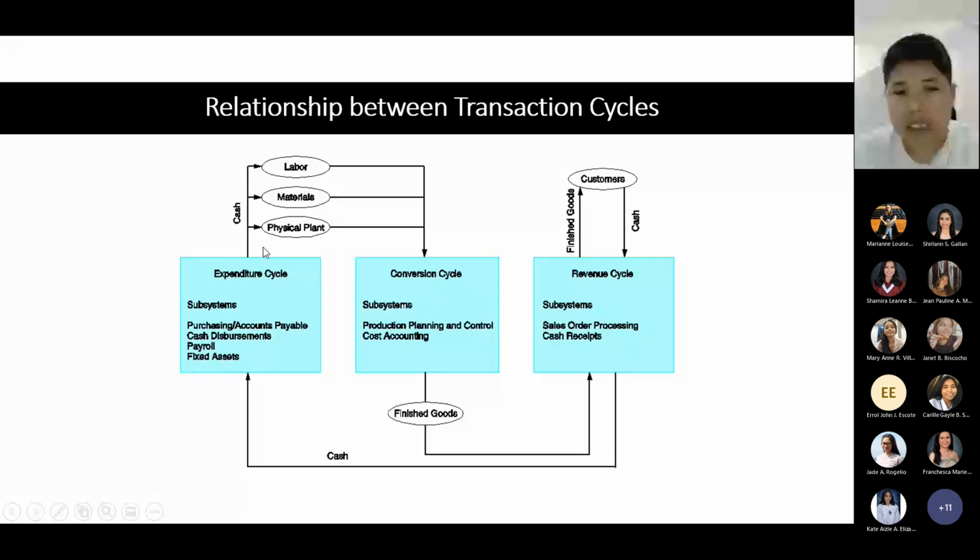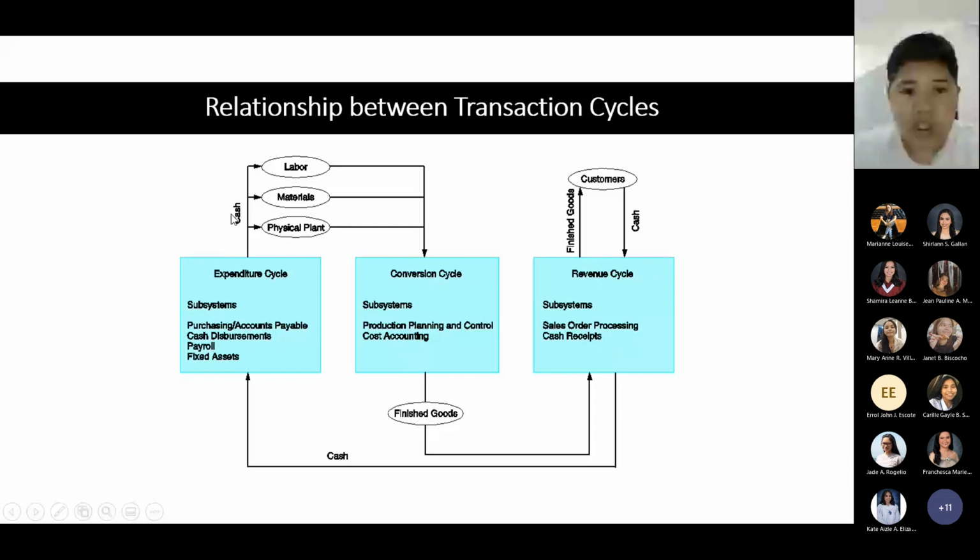So etong expenditure cycle mo, okay, gagawin natin na yung relationship nila. So, the product of expenditure cycle are your labor cost, material cost, and physical plant, meaning your mga fixed asset mo. These are paid by cash.